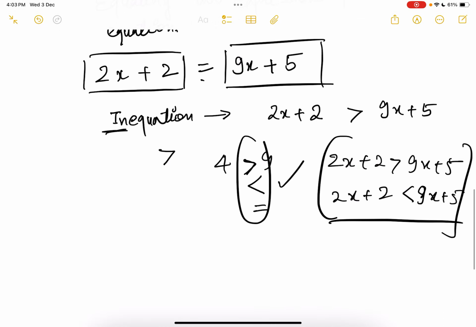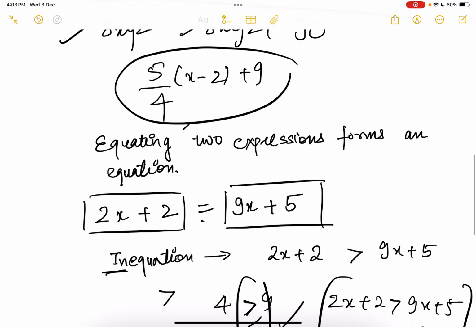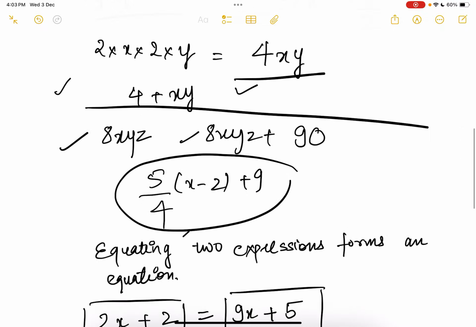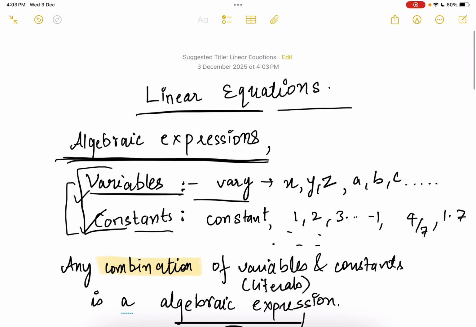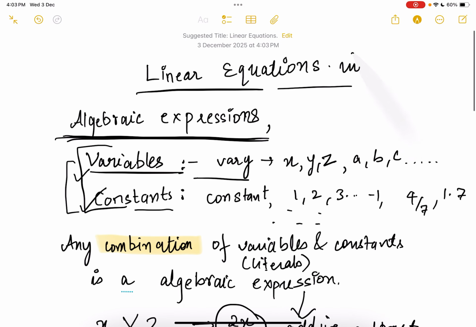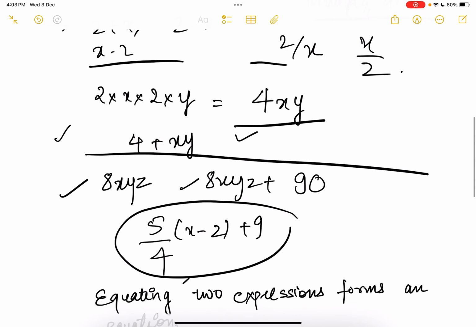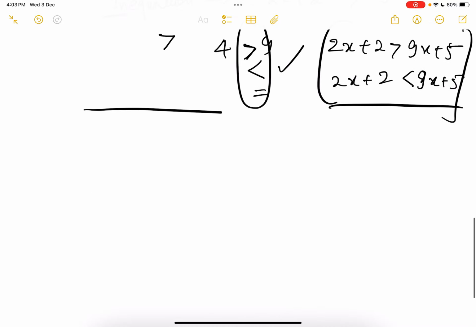I told you what an equation is. Now the name of your chapter is linear equations in one variable, right? Why we say linear, I have to tell you now.